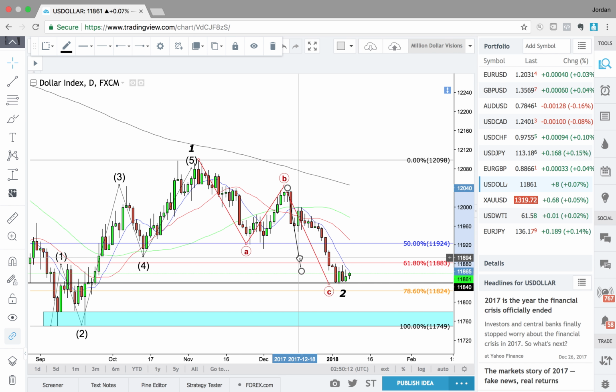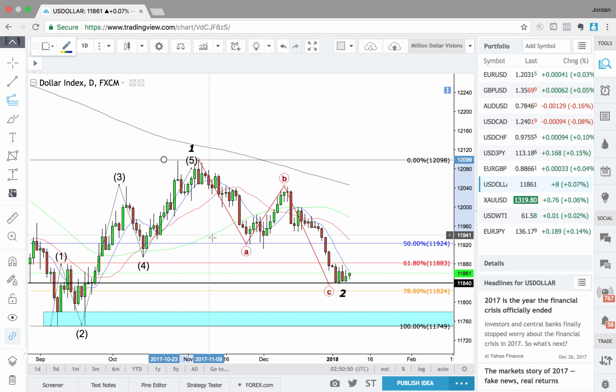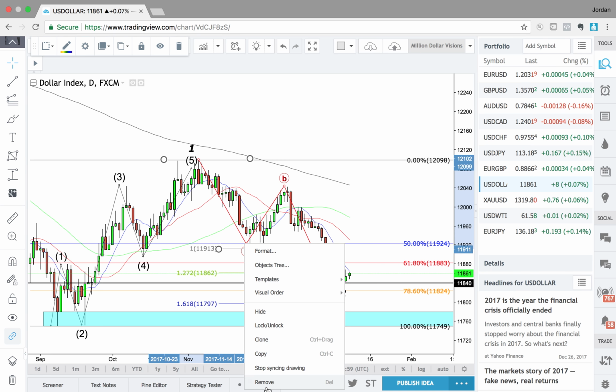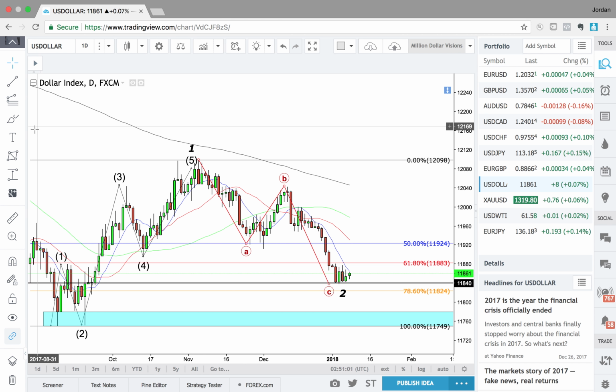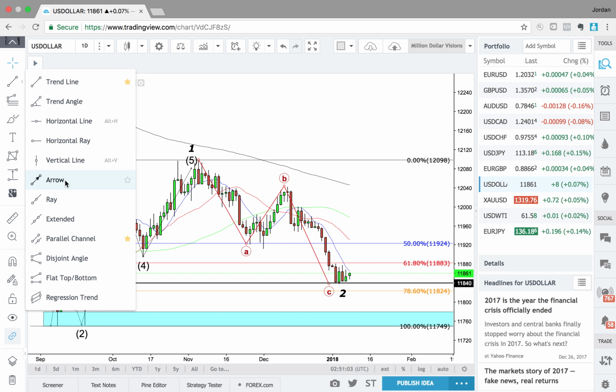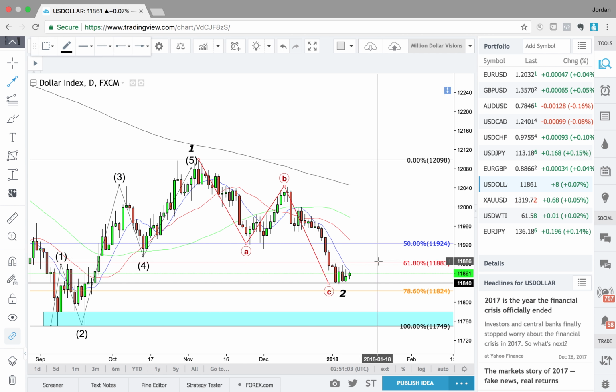AB equals CD. Also, I'm pretty sure we got a Fibonacci extension. Boom, look, we got a 1.272 right there as well. So I'm definitely looking for some bullish strength to come up.